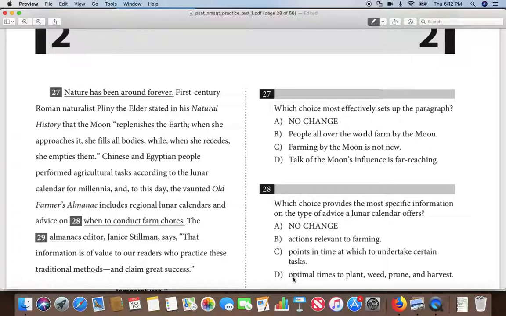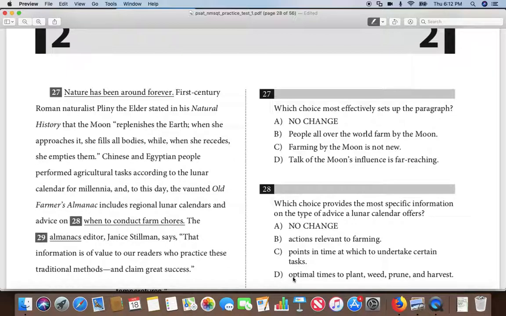Chinese and Egyptian people performed agricultural tasks according to the lunar calendar for millennia, and to this day, the vaunted Old Farmer's Almanac includes regional lunar calendars and advice on when to conduct farm chores. The Almanac's editor, Janice Stillman, says that information is of value to our readers who practice these traditional methods and claim great success.